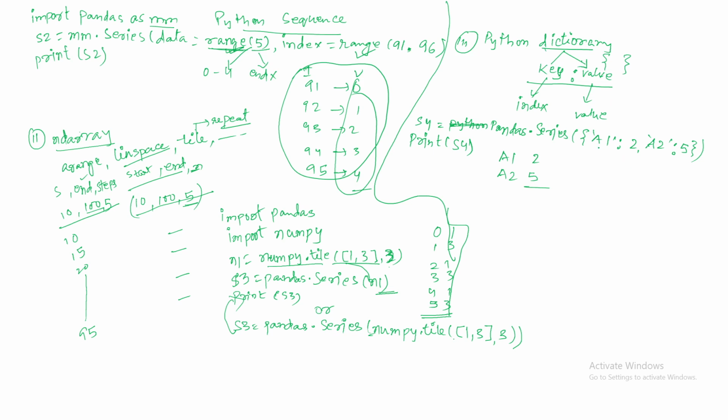Okay, so whenever you use one dictionary, this key will be generated in the series as the row name, that means the row heading, we can say the index name. But whenever we use it in the data frame, that time the outer dictionary's key will generate the column heading. Okay, so this is the Python dictionary. Last one, scalar value.